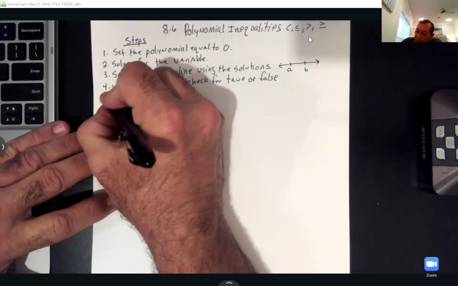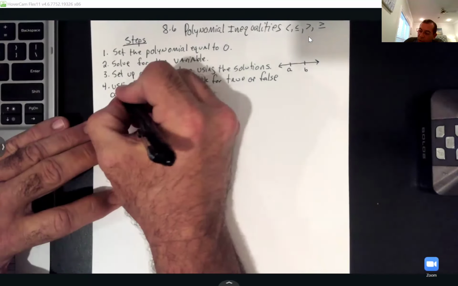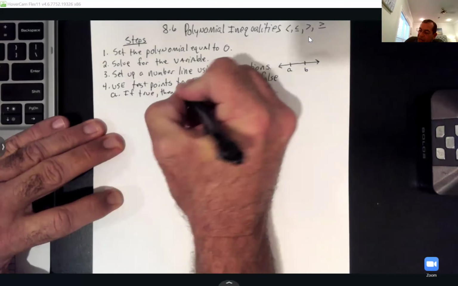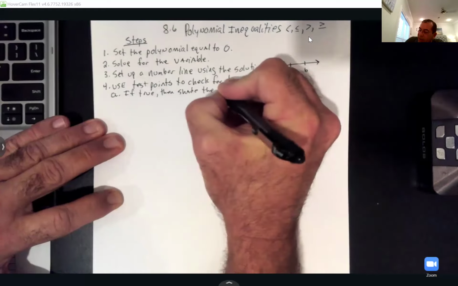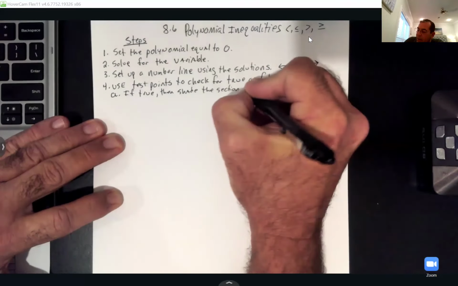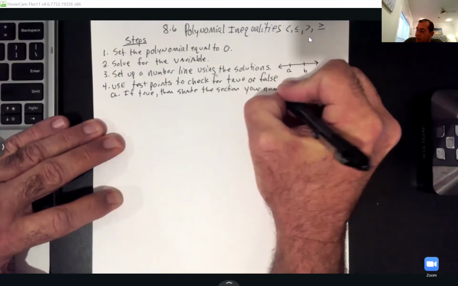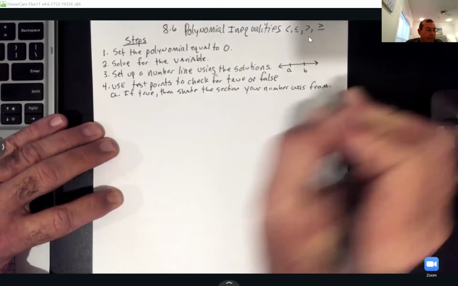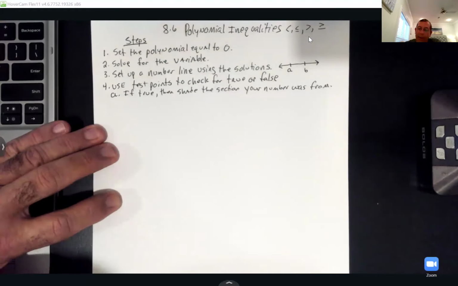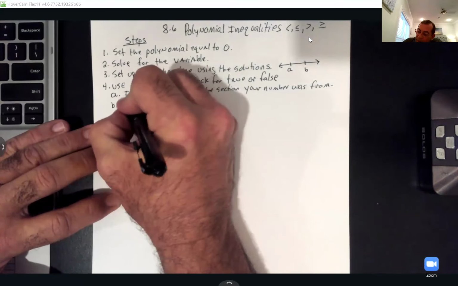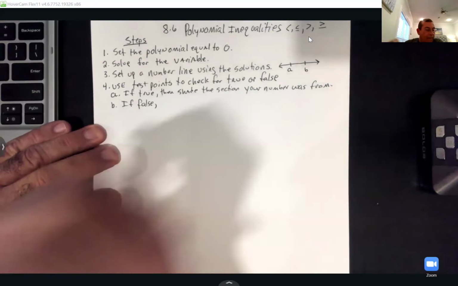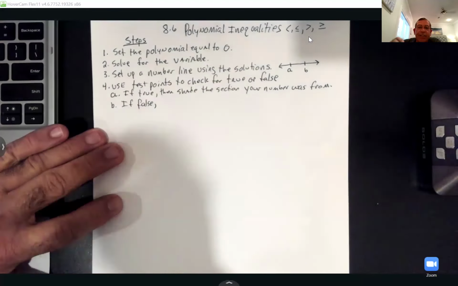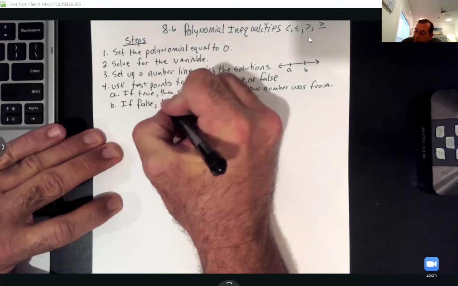Now, if it's true, then shade the section your number was from. Okay. Now, if it's false, then that section is not shaded.